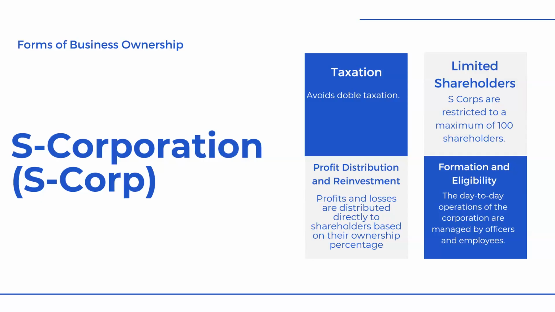They also have limited shareholders. S corps are restricted to a maximum of 100 shareholders. Shareholders must be U.S. citizens or resident aliens. Foreign individuals or entities cannot be shareholders.